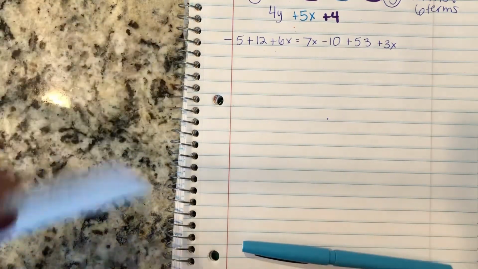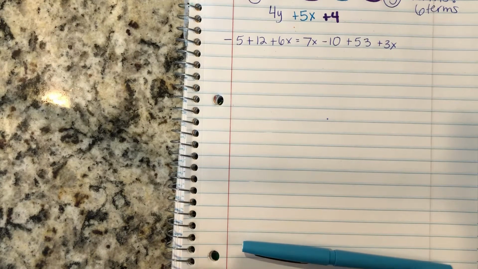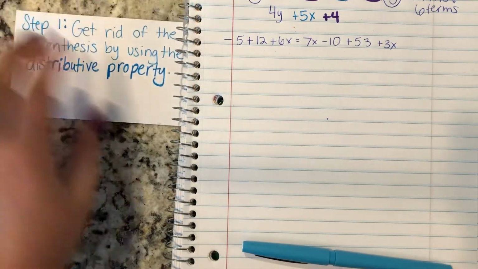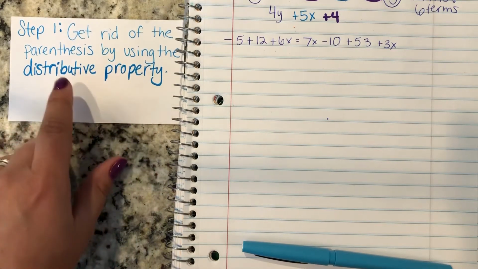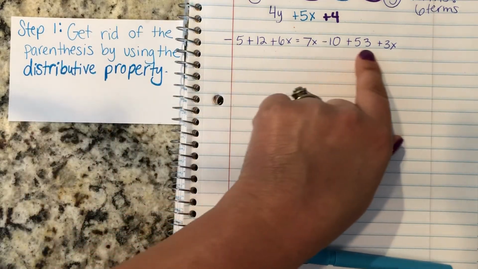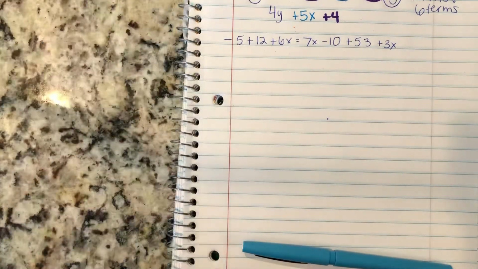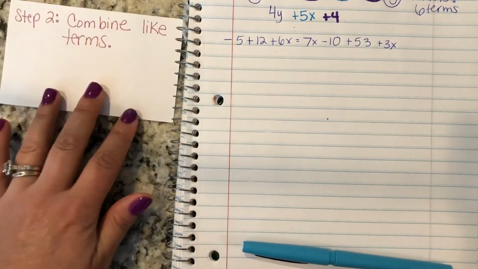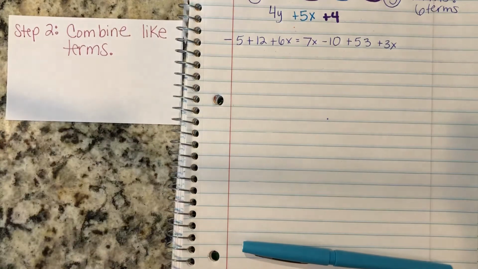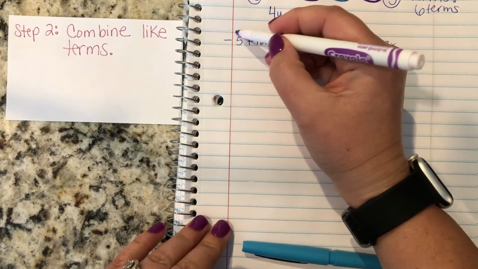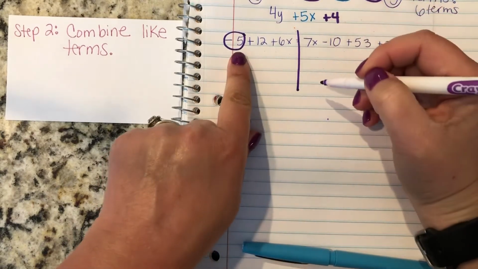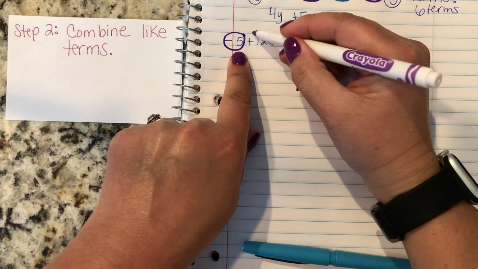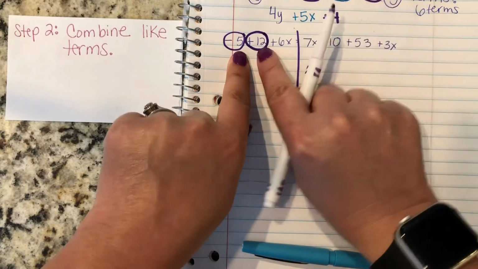Okay, so if I'm looking at the steps for this process, step 1 is going to be to get rid of the parentheses using the distributive property. But since there's no parentheses here, I get to skip step 1. Step 2 then would be combine the like terms. So if we combine the like terms, right, I've got 5 negatives, and you can split your equation, 5 negatives on the left and 12 positives on the left.